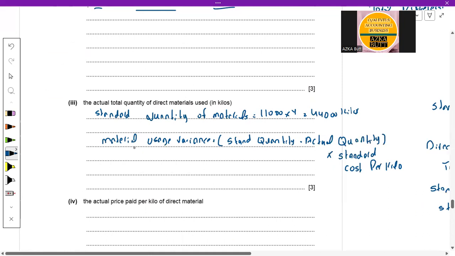So 8360, which was the material usage variance, is equal to standard quantity was 44,000 minus actual quantity, we don't know, we are going to find it out, multiplied by standard cost per kilo, 7.60.